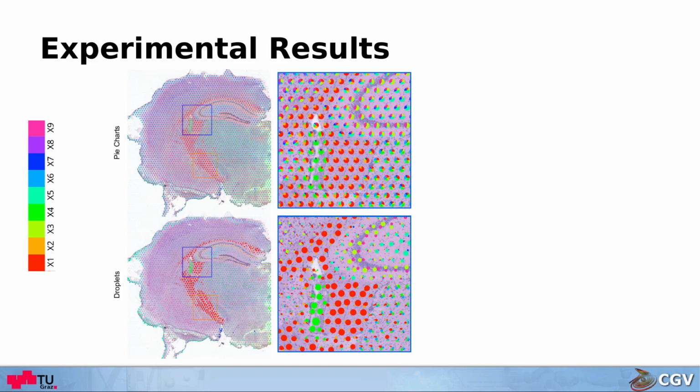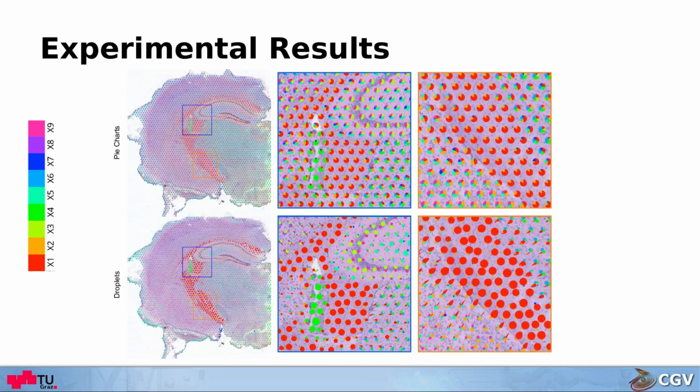To the top and right we observe an area dominated by the X5 cell type which is intersected with a streak, composed in equal parts of X3 and X9 cell type. This also correlates with darker marbling in the H&E image. Even though this information can also be derived from the original pie chart visualization, our proposed design conveys this information more efficiently with less visual disturbance.